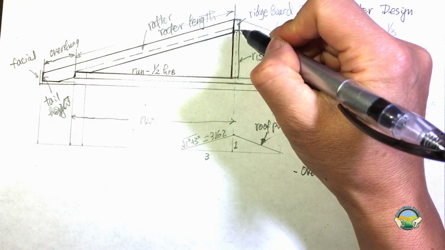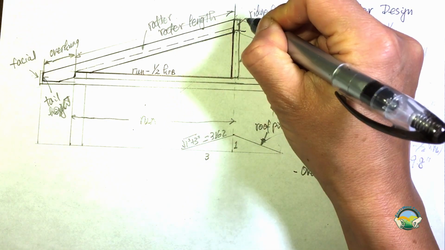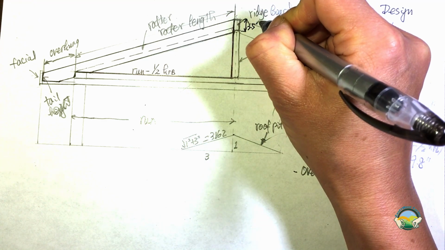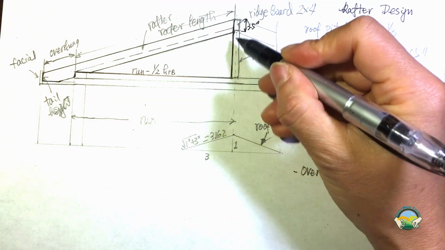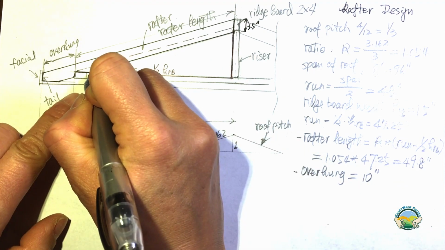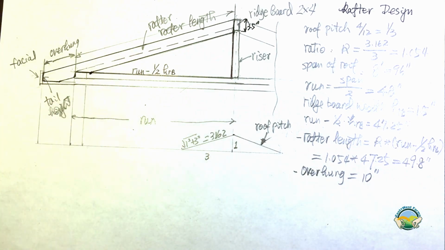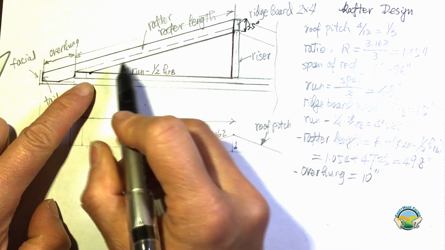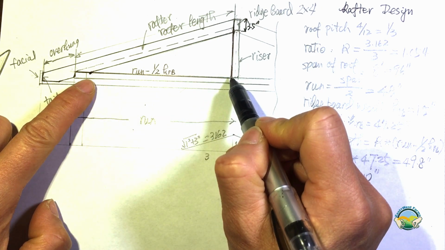The ridge board has a dimension of 3.5 inches. We need to determine the height of the riser. You will use a triangle starting at that point, which is the end of the bird mouth seat, and go down.